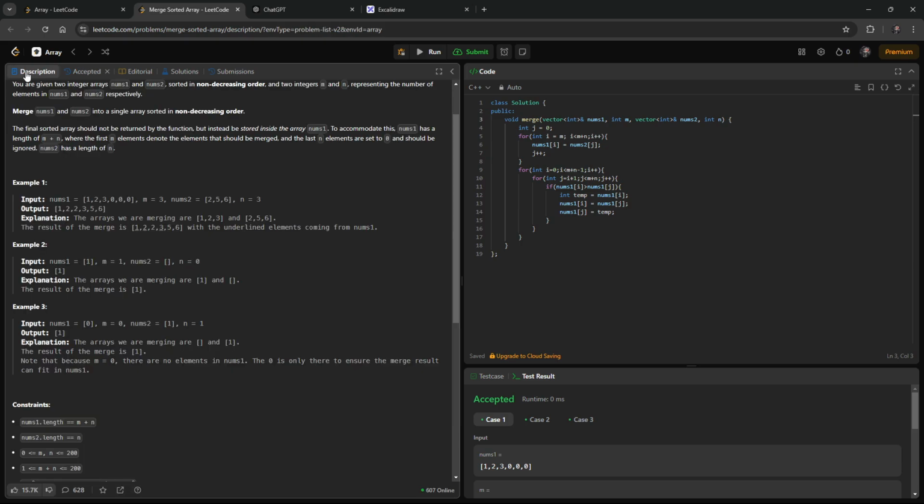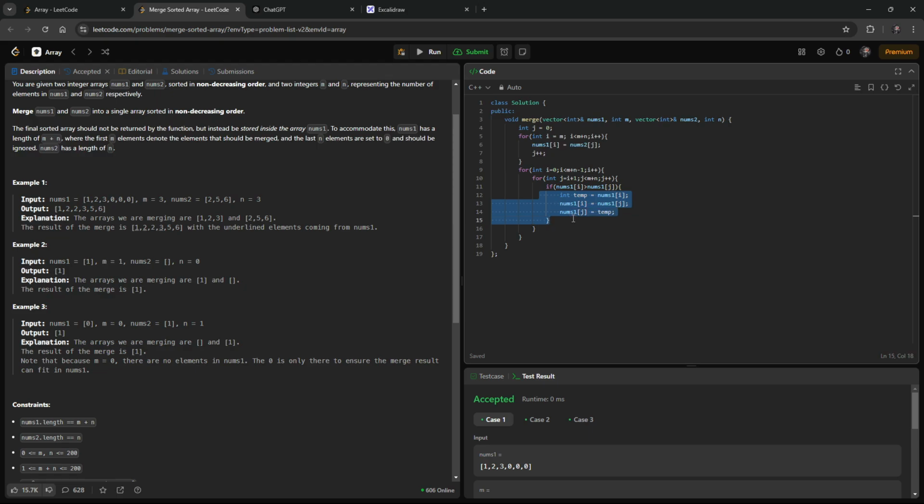Because in what I explained in my first method, if we were to go through each element of nums1 and nums2 just like we did here, check whether this element is greater than this element, and replace it if it is greater and not replace it if it is smaller, then we would have to go through this loop a lot of times and require a lot of if statements.